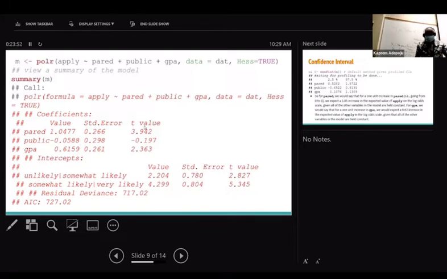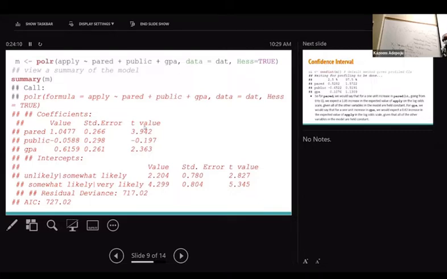Now, when you take a look at what I have now, you're basically going to see I have 2 different kinds of results. I got the one that has to do with the coefficient. Look at that coefficient. Okay, and I got the one that has to do with the intercepts.